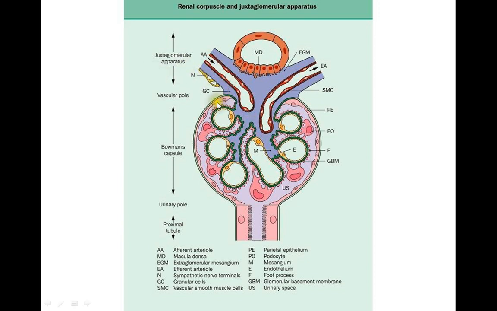These flat cells are parietal epithelial cells, and the space between parietal and visceral epithelial cells or podocytes, this space is urinary space or Bowman's space.